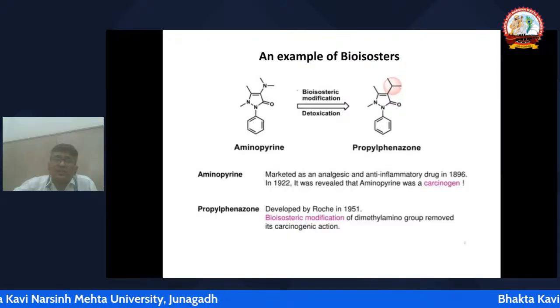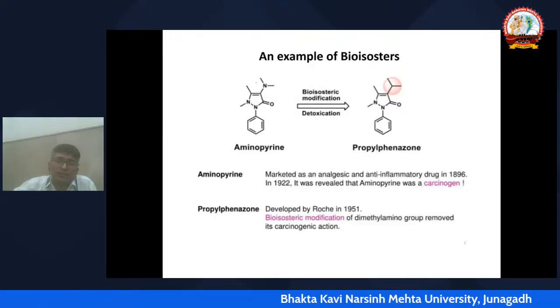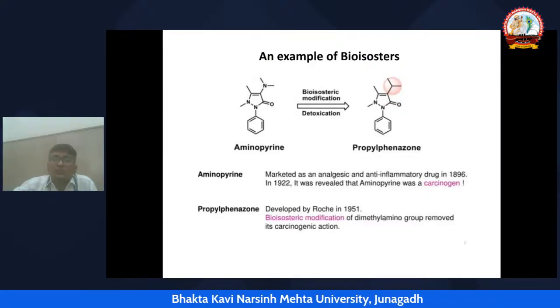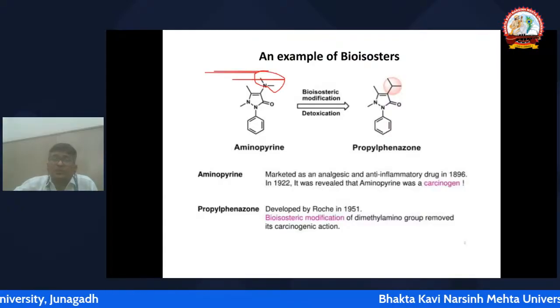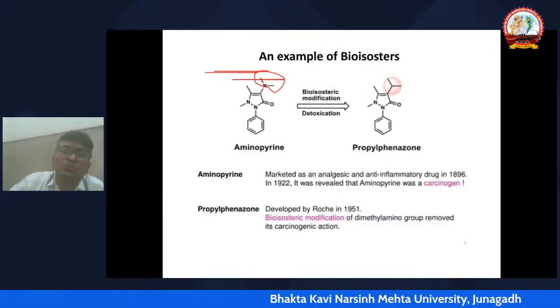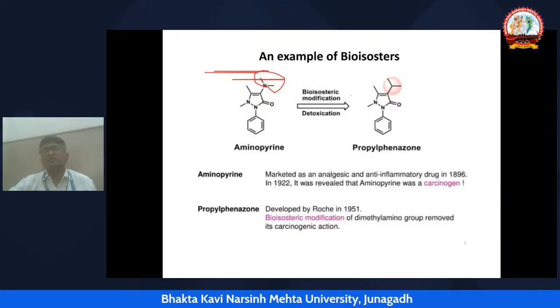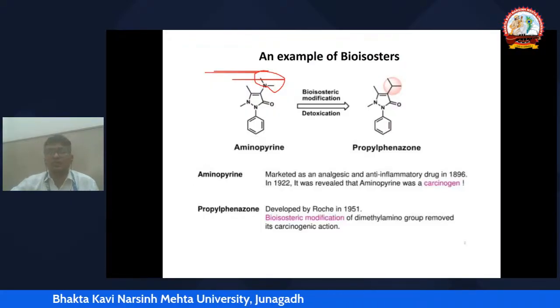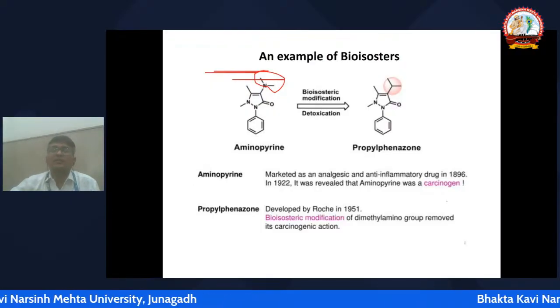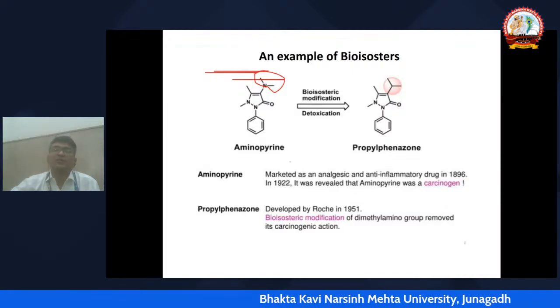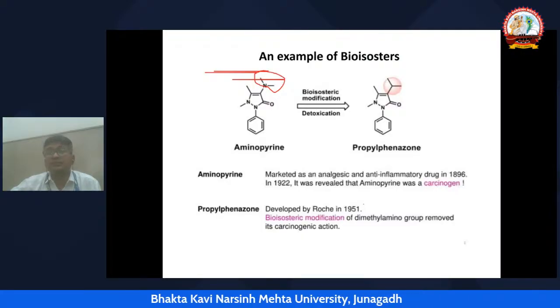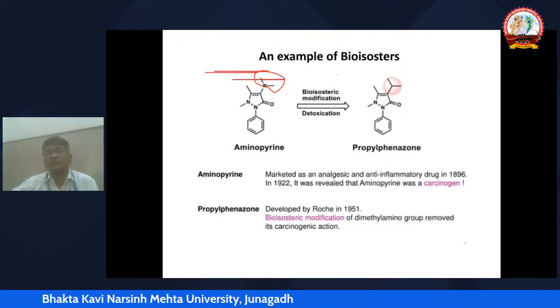After that, to remove the toxicological part of the molecule through bioisosteric modification, the N,N-dimethyl substitution was replaced by an isopropyl group, and this propyl phenazone molecule has no carcinogenic action. It was developed by Roche in 1951 through bioisosteric modification.